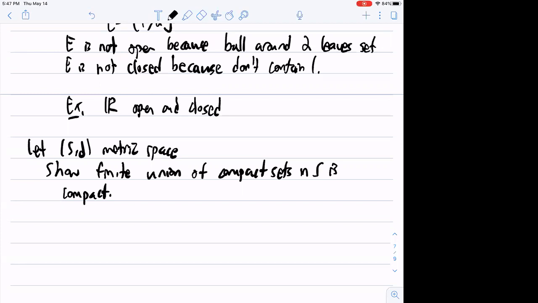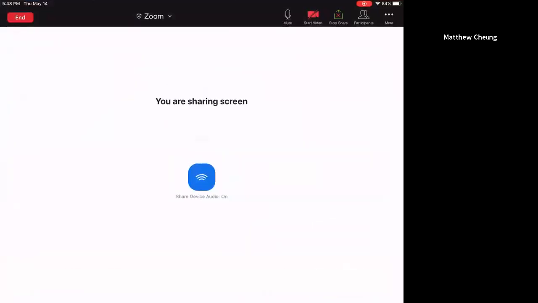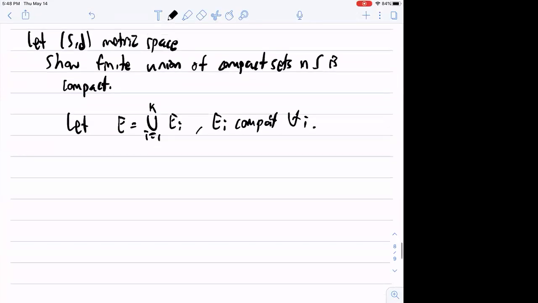So let E be a union of finitely many E_i, where E_i is compact for all i. I need to show E is compact. So what's the first step? Take any open cover of E and show it has a finite subcover, right?